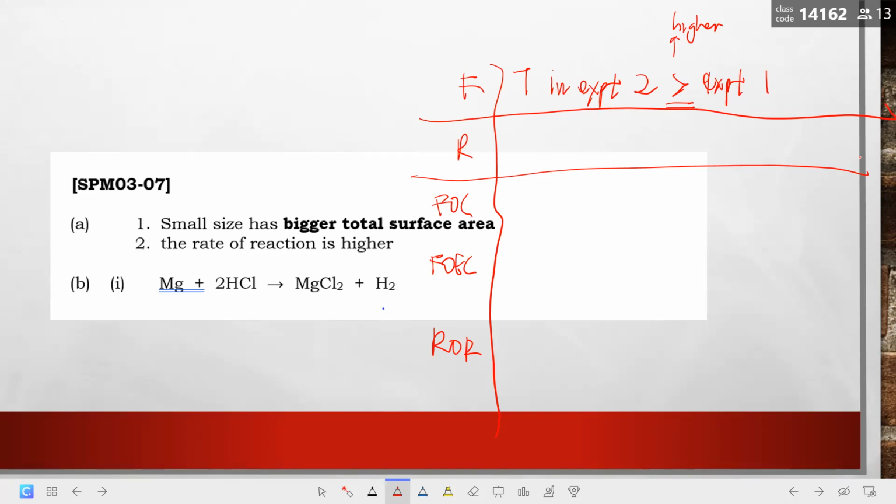When I am comparing two things, two experiments, you must also say higher compared to where. Kinetic energy is higher in experiment 2 compared to experiment 1. So he just said kinetic energy is higher. Kinetic energy of what?